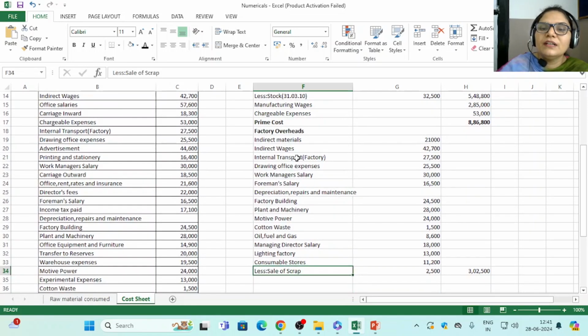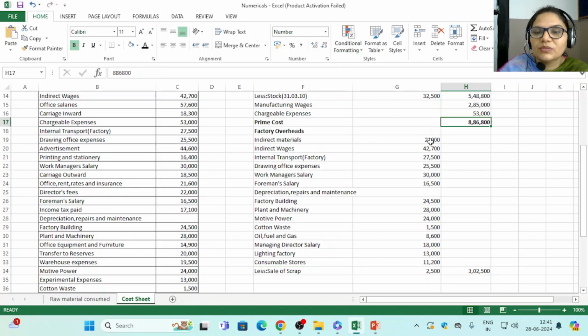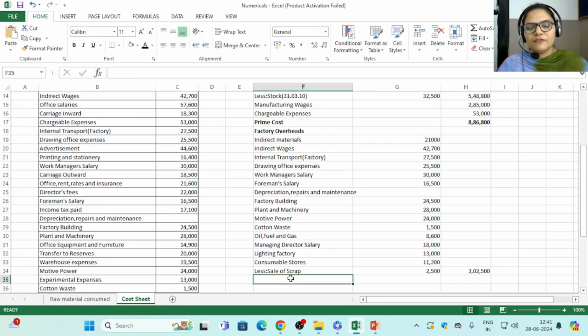After doing all these additions, 8,86,000 plus all these values minus 22,500 gives you 3,02,500, and this 3,02,500 will be added to 8,86,000, which will give you the final value of factory cost, or work cost.